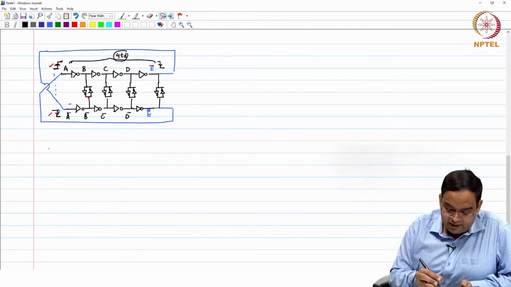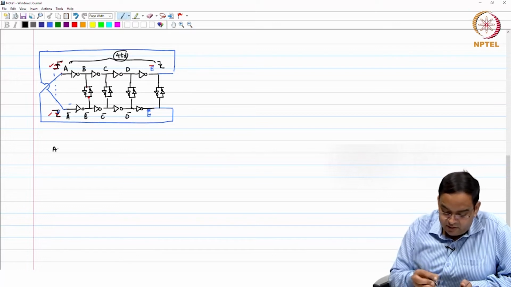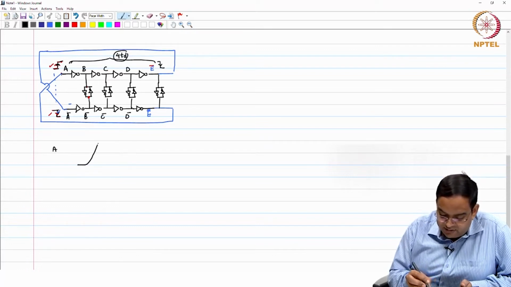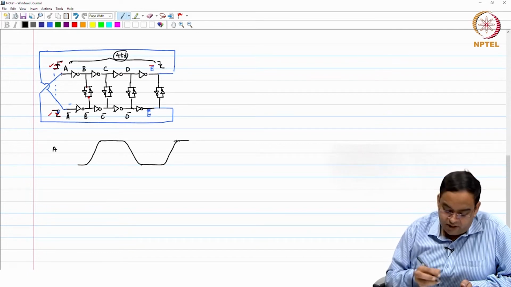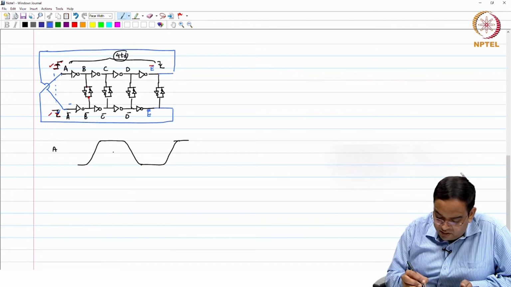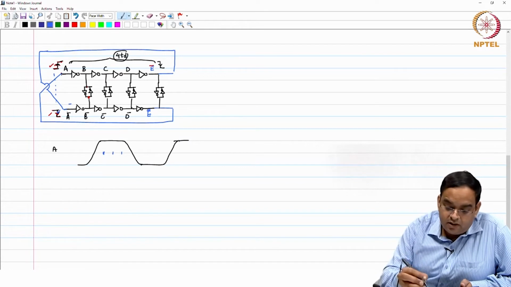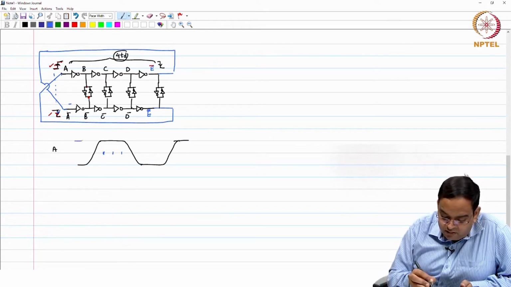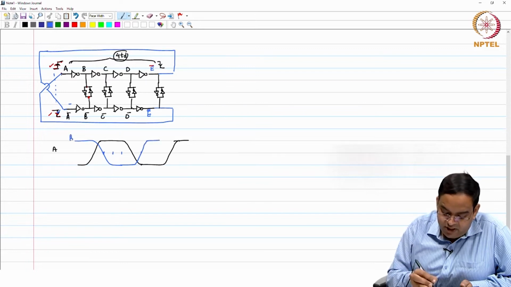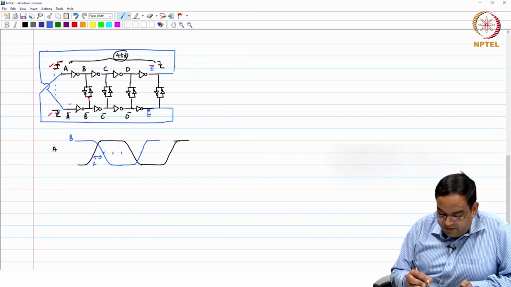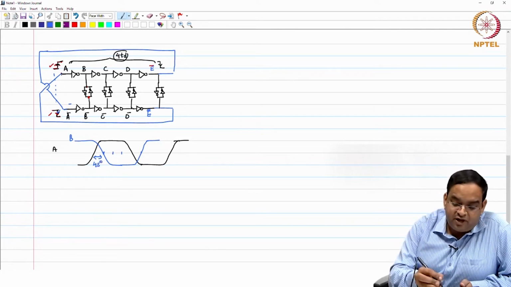If you think that your signal at A happens to be like this, then signal B is going to be like this. Okay, this is signal B. It is separated here by 45 degree. The zero crossing is separated by 45 degree.